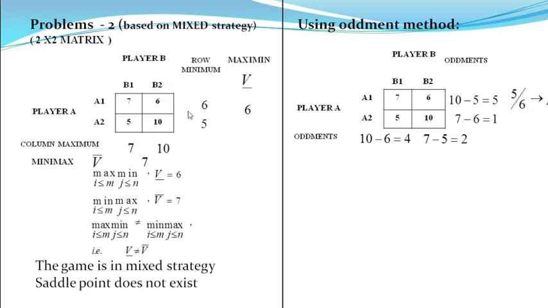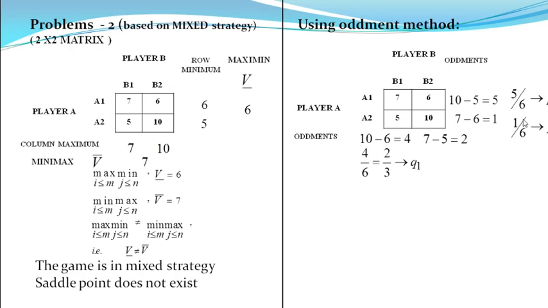Later you have to find the P1 and P2 values by adding 5 plus 1, which gives 6. That is the denominator, so 5 by 6 and 1 by 6. You can notice that when you add these two, it becomes 1. That is why we also call it the probability method.